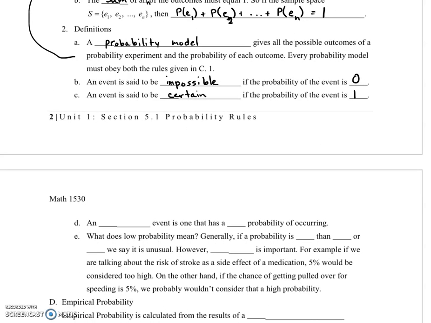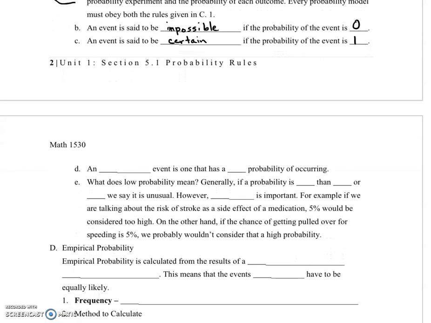So moving on. Another type of probability is an unusual event. An unusual event is one that has a low probability of happening.